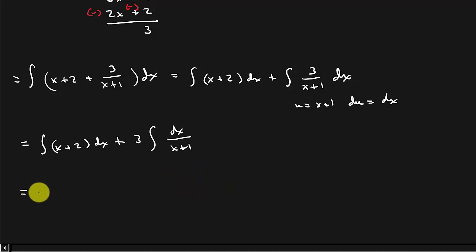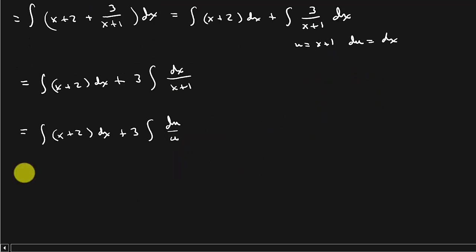And so now I get the integral of x plus 2 dx plus 3 times the integral of du over u. So I'm going to replace the dx with du and replace the x plus 1 with u. And so now we have x squared times the reciprocal of your new exponent, plus the integral of 2, which is 2x, plus 3, and then what is this?